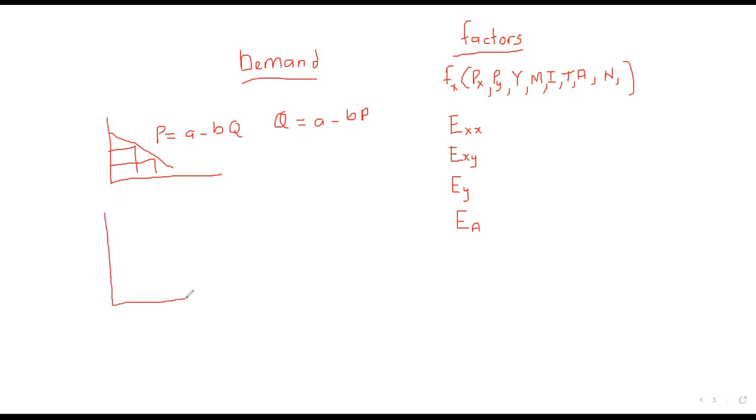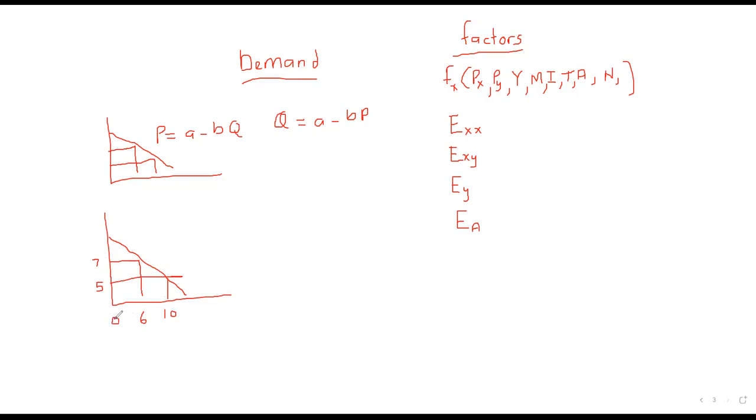So this movement is a movement along the curve from point A to point B. So if the price of a commodity was 5 kwacha and you're getting 10 units, and it has gone to maybe 7 kwacha, and you have gone down maybe to 6 units.